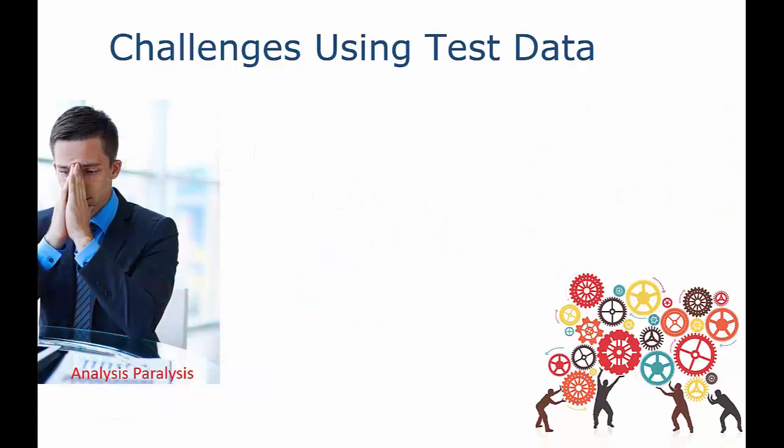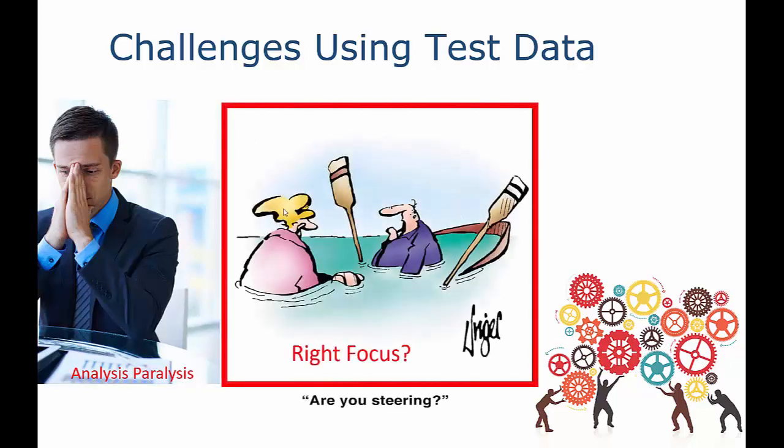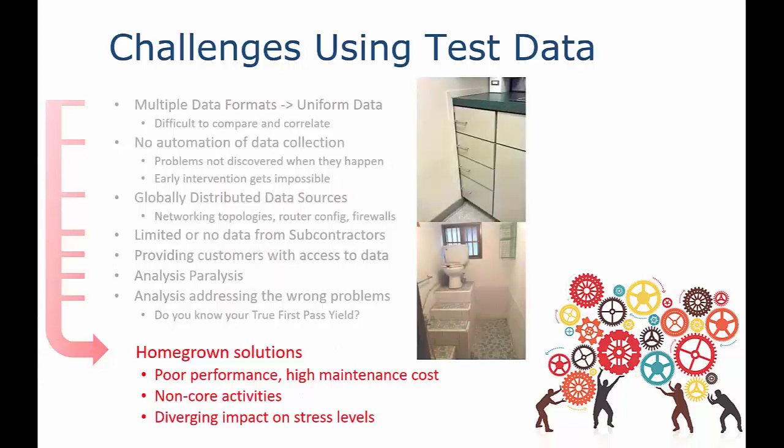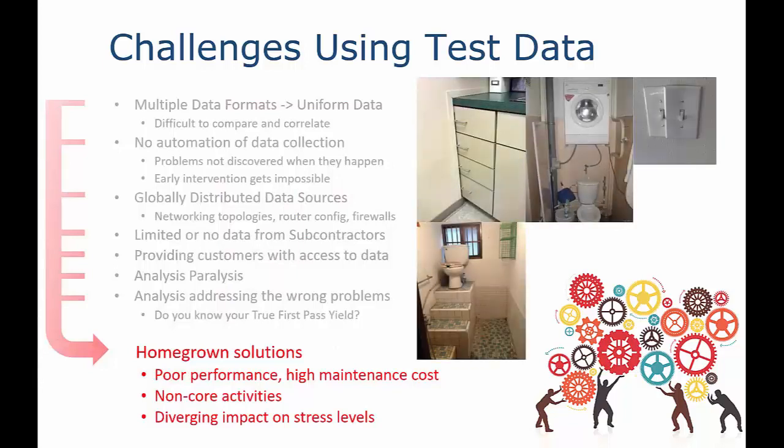Another significant problem is analysis paralysis, by not being able to assess the relevance of data trends. Since problems are always going to be present, this is likely to have you focus on issues that should have been given a low priority, or that might not even be the actual problem facing you. These challenges are often battled with homegrown data management solutions.